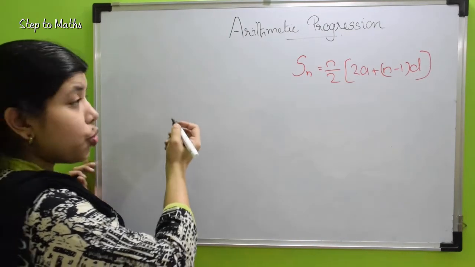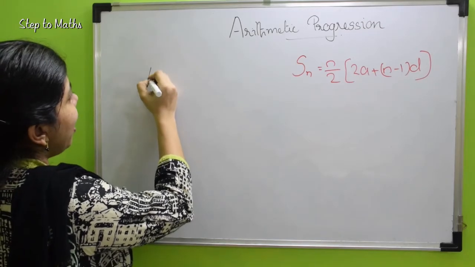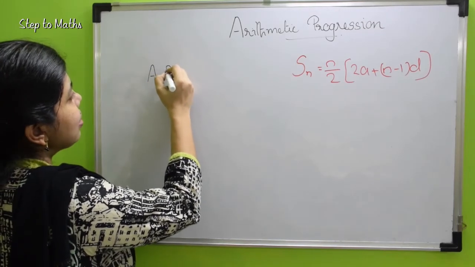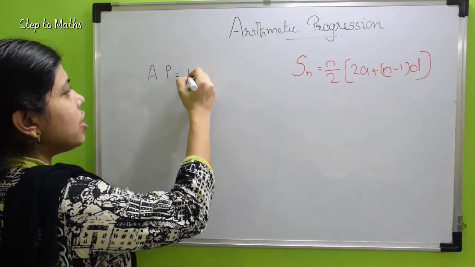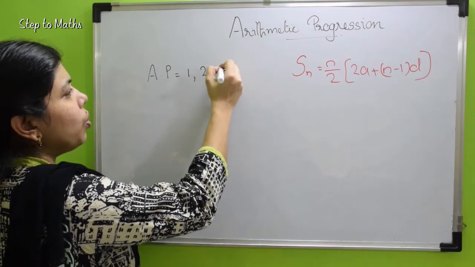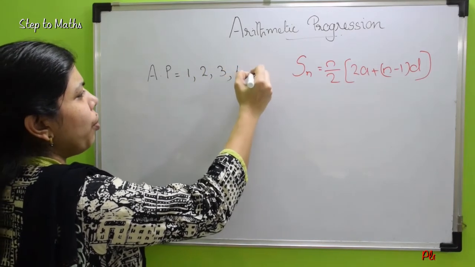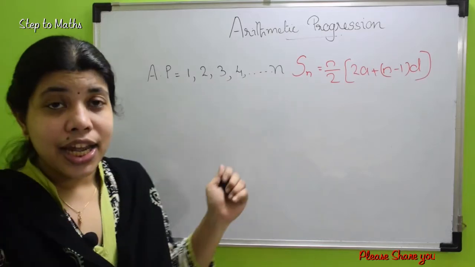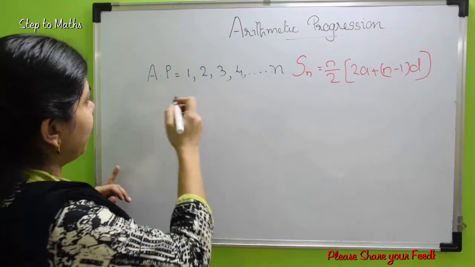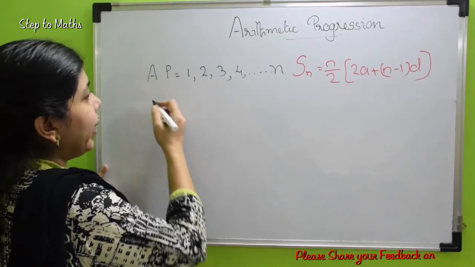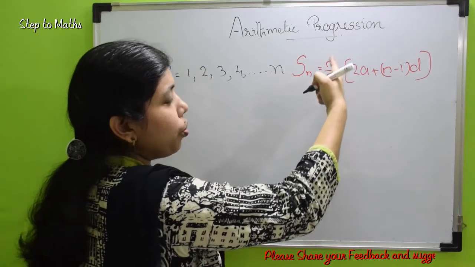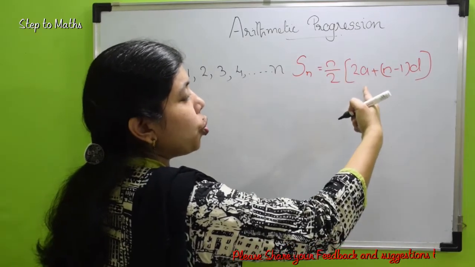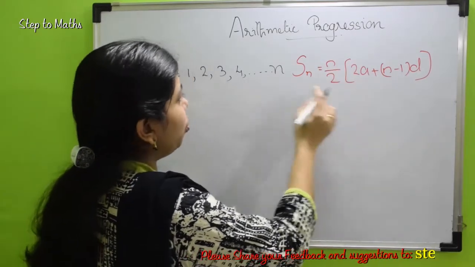The arithmetic progression of natural numbers is 1, 2, 3, 4 up to n. The equation is Sn equal to n upon 2 into 2a plus n minus 1 into d.